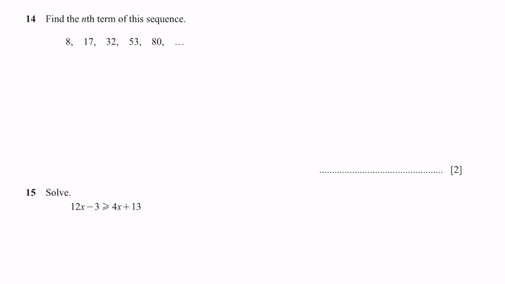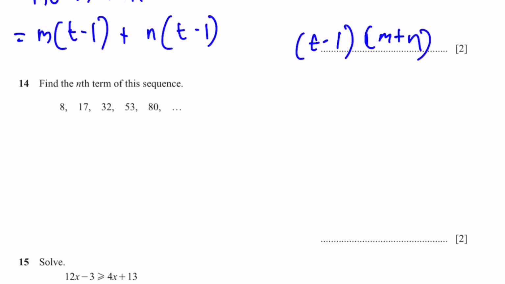Question 14. Find the nth term of the sequence 8, 17, 32, 53, 80, and so on. So first thing we can do is find the n value. Let's take n equal to 1, 2, 3, 4, 5 for the 5 terms here. Now let's take the differences. 17 minus 8 is 9, and 32 minus 17 is 15. 53 minus 32 is 21, and then 80 minus 53 is 27.